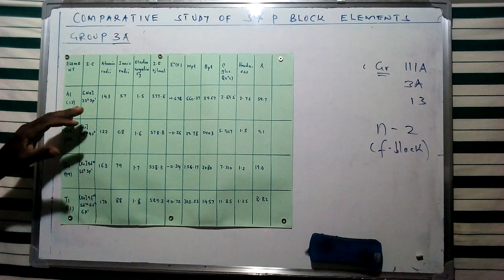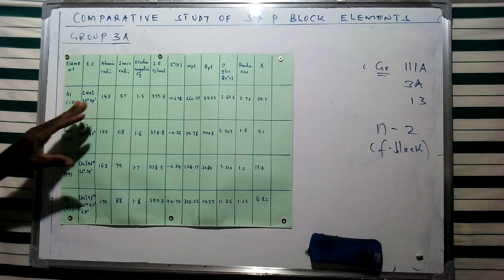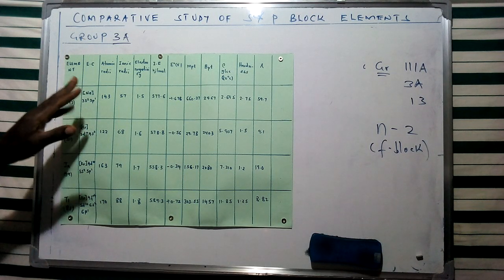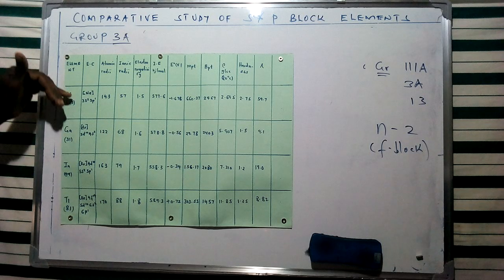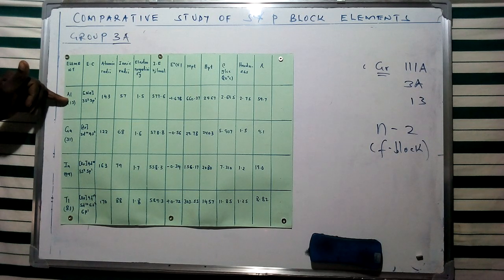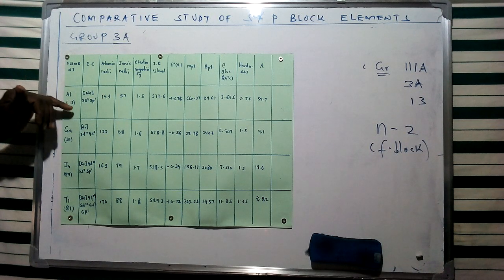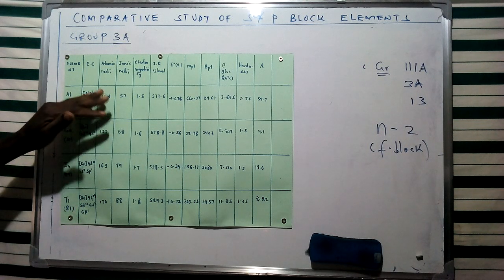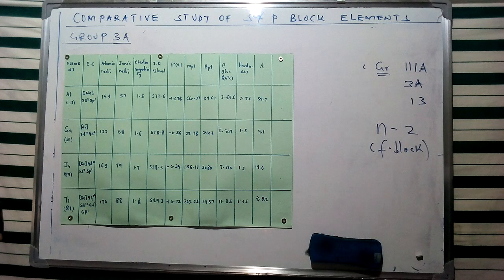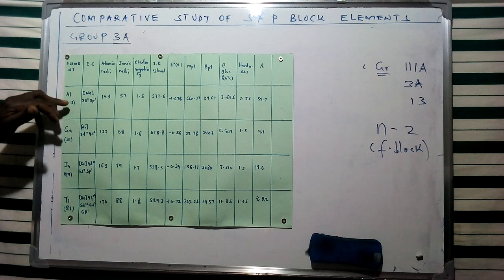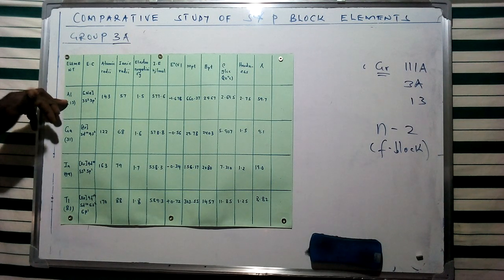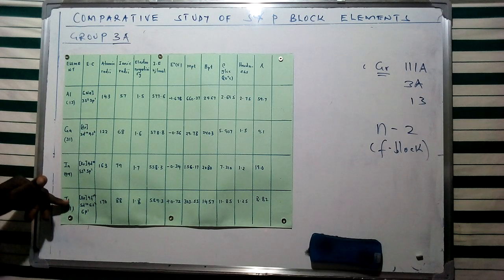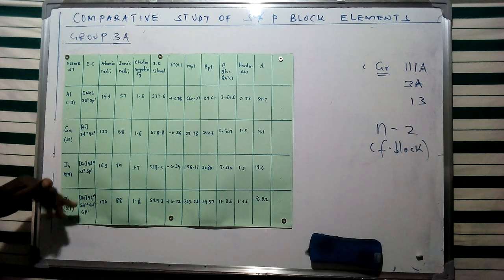I've given this display so that we can look at the trends for the particular elements, especially aluminium. We're going to look at boron in its specific way, in the sense that it displays some unique properties. And of course, we're going to look at the range from aluminium, gallium, indium, and thallium, as mentioned.